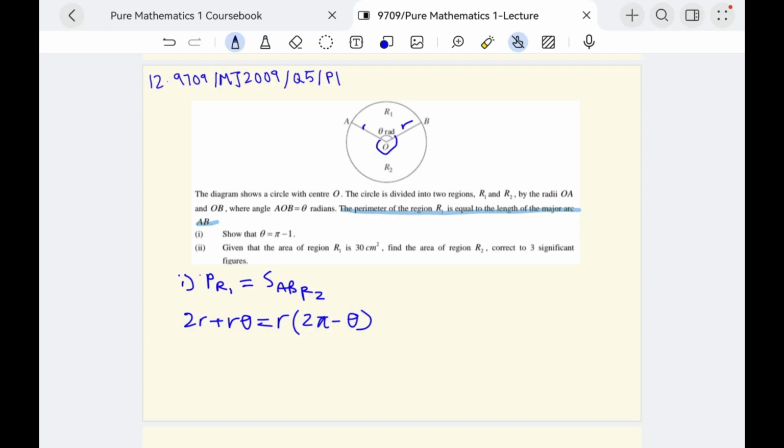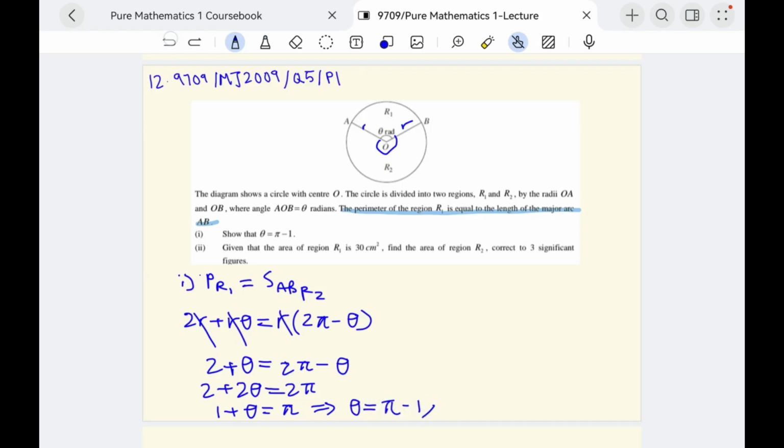As you can see, there are common terms of r, you can cancel them away, you leave it as 2 plus theta equals 2 pi minus theta. So you have 2 plus 2 theta equals 2 pi, cancel the 2 for all terms. You have 1 plus theta equals pi, so you will get theta equals pi minus 1, and therefore shown.